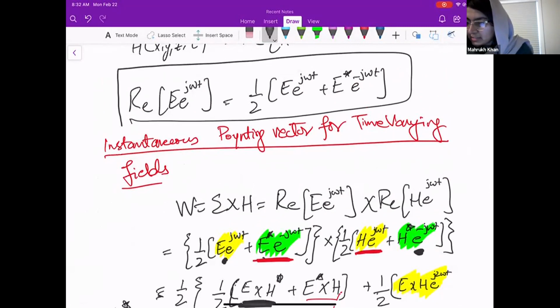So it's just the same thing, like when you write cos theta equals 1 by 2 times e to the j theta plus e to the minus j theta. It's the same thing, because the real part of e to the j omega t is actually cos omega t.